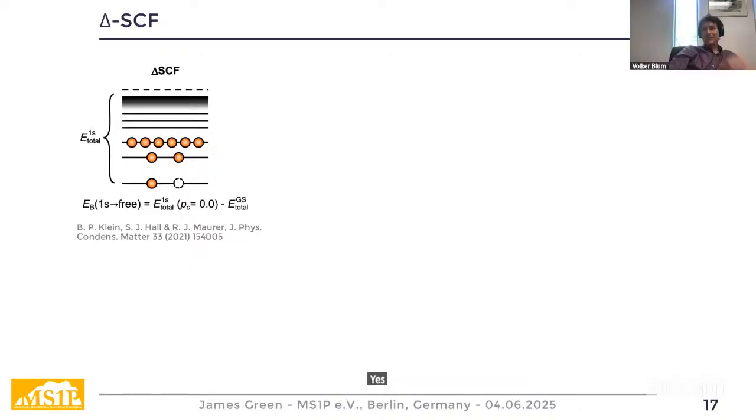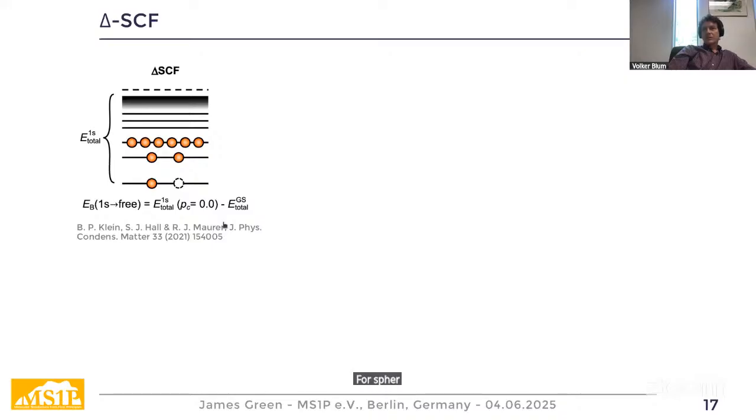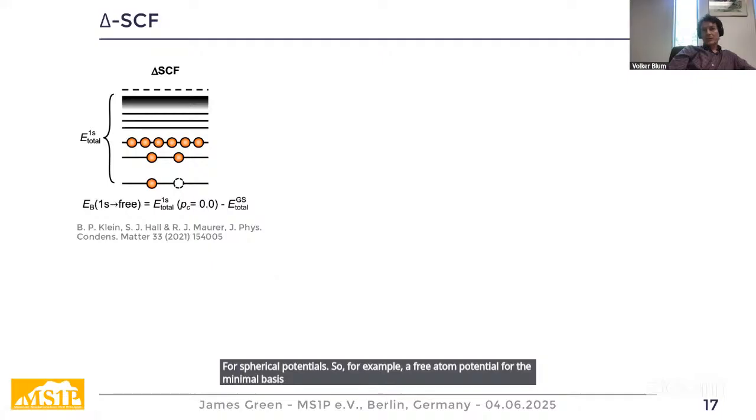Yes, we can do. In short, they're calculated as radial functions from a numerical solver for spherical potentials. For example, a free atom potential for the minimal basis, but the free atom will be spherical, so the electron occupations will be chosen such that the atom is spherical.